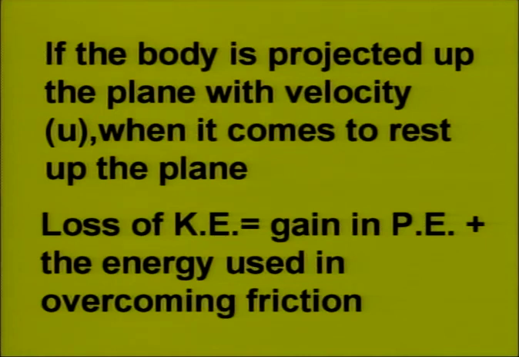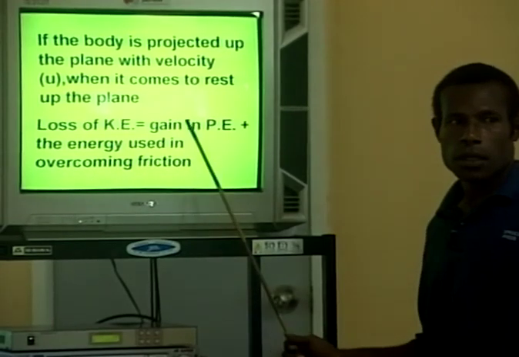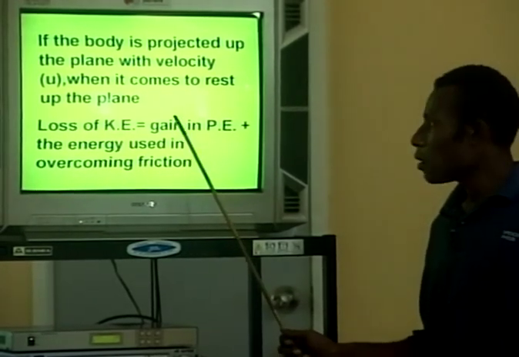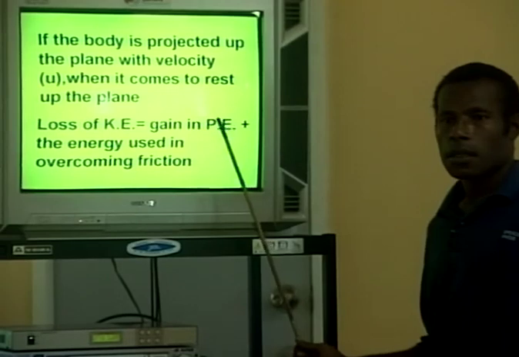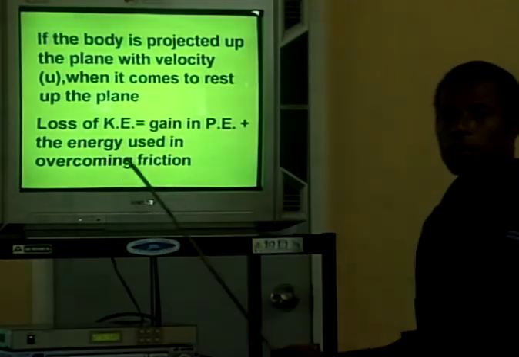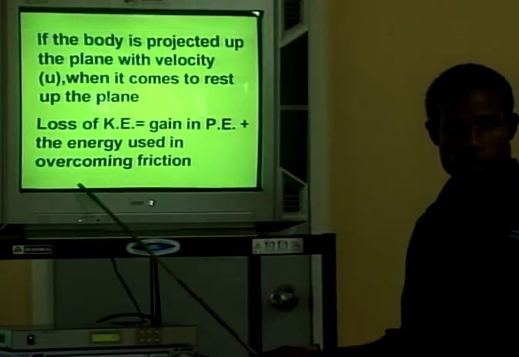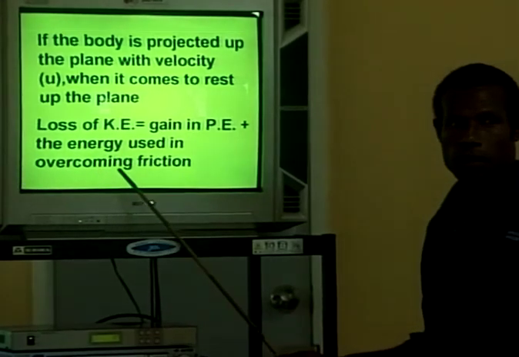The same thing. This time, if you have to project that object up the plane, then loss in kinetic energy will be equal to the gain in potential energy plus the energy used in overcoming friction, and that is F times S. F times S is the energy that is used in overcoming friction.